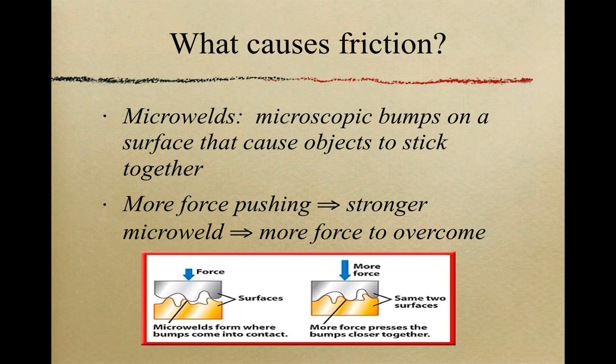And as I have a surface, okay, you can see all these little bumps that are sticking together. However, if I apply a lot of force, okay, you can see how these grooves are going to stick together much more. There's now more friction between those two surfaces.